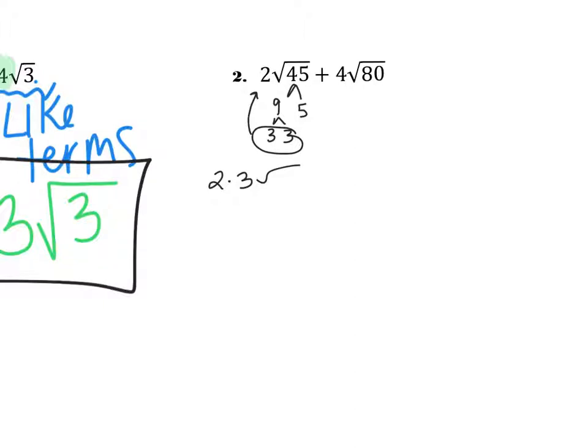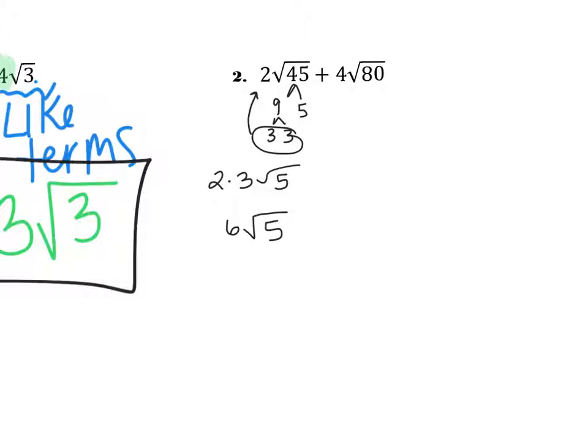And inside, or underneath, the radical symbol, I am going to still have my 5. Because remember, we did not find another 5 to pair up with. Or an even better or more simplified version, because I have 2 times 3 out in front, I'm going to actually clean that up and write that as 6 square root 5 for that first term.